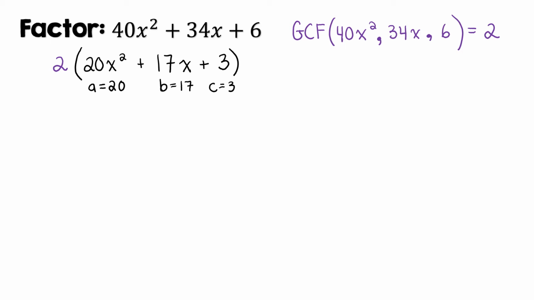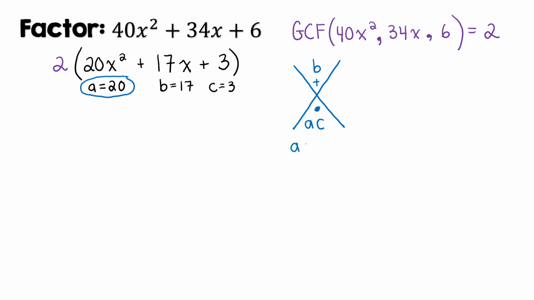When you have a is equal to something other than 1, we need to do a little more work when we try to split that b term. So when we set up our sum and product puzzle, we have to find numbers that add to b and multiply to, instead of just c, they multiply to a times c. That's why this is called the AC method.